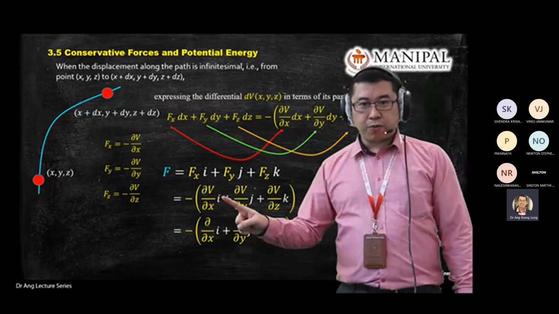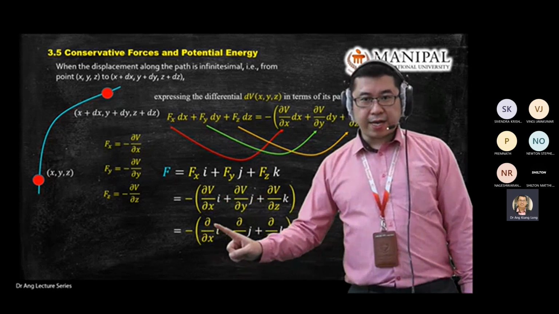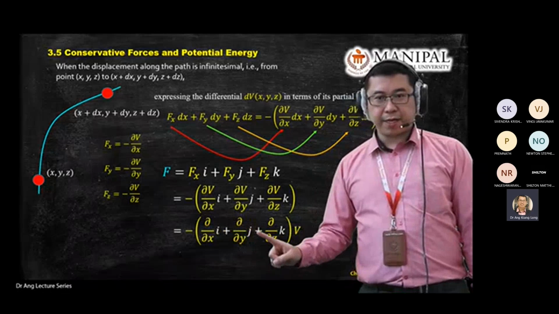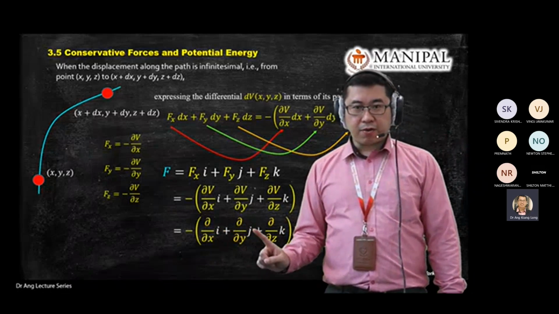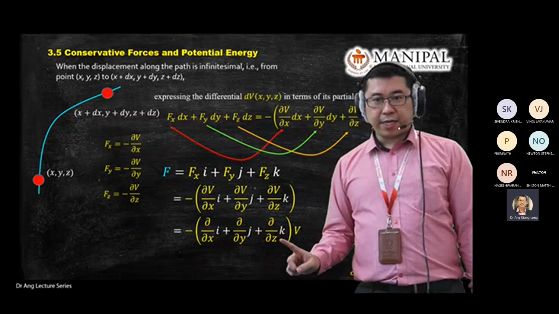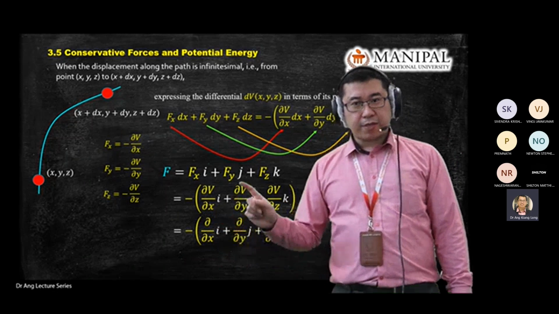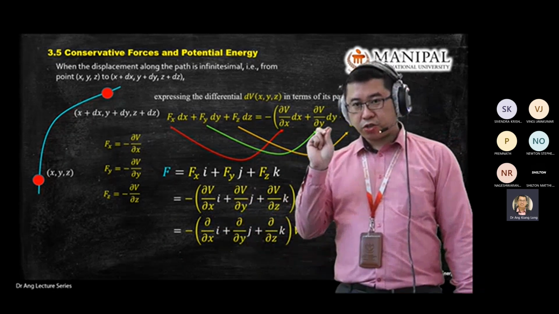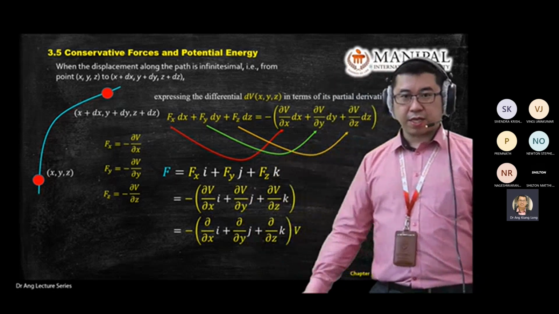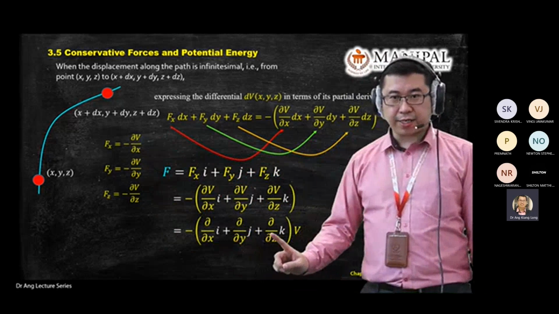So if you factor out the V and you write del something plus del something plus del something, del over del x, del over del y, del over del z. Again, this is del, the inverted six symbol. Del means very, very small changes in the system in the x direction, y direction, and z direction.